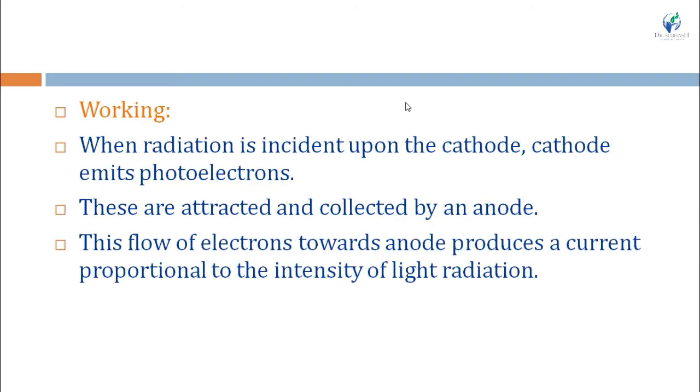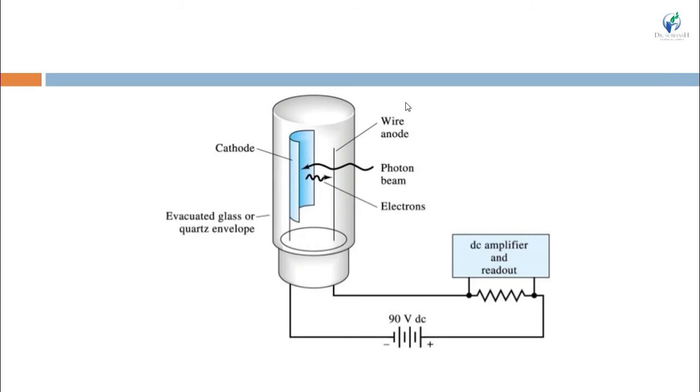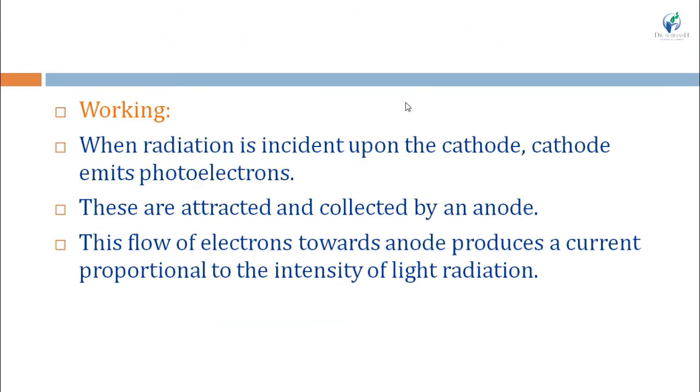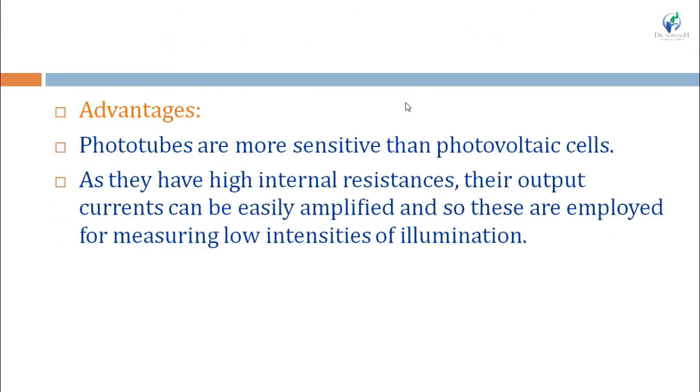We have seen that here the amplifier can be attached because a high resistance in the external electrical circuit is possible, which is not possible in the case of the photovoltaic cell or barrier layer cell. So the sensitivity of these phototubes is more than the barrier layer cell.